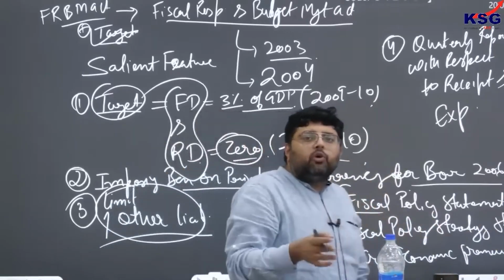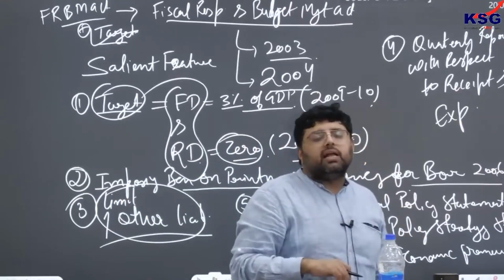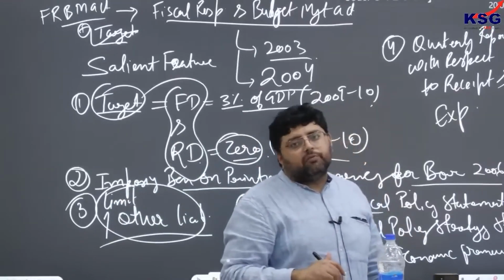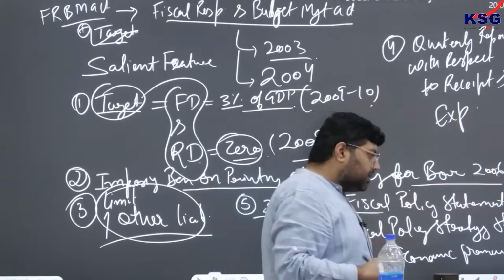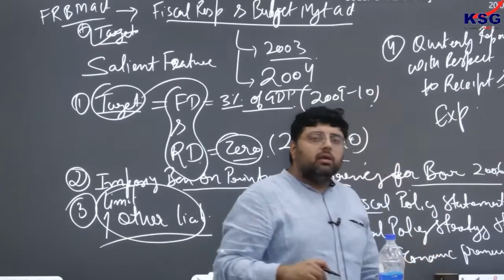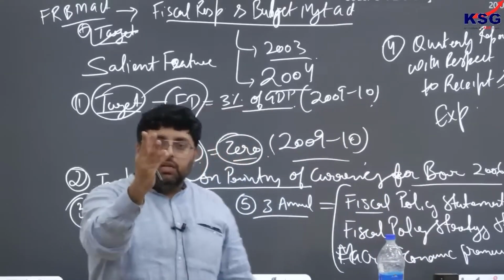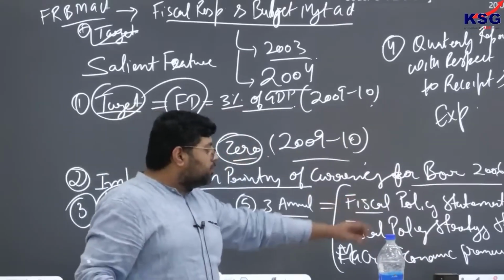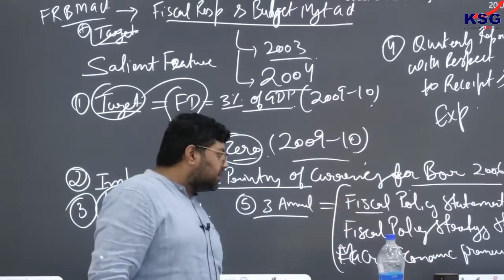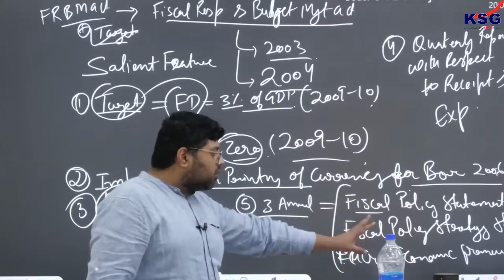And the 4th report we added in 2012, and that is known as the midterm expenditure framework statement. So there are a total of 4 reports. But if UPSC asks how many annual reports there were initially, initially there were 3 reports: fiscal policy statement, fiscal policy strategy statement, and macroeconomic framework.